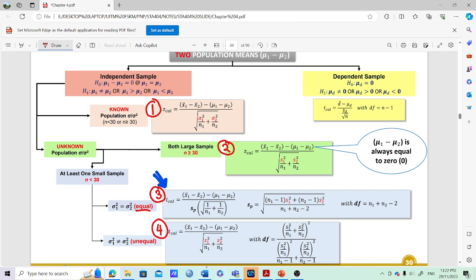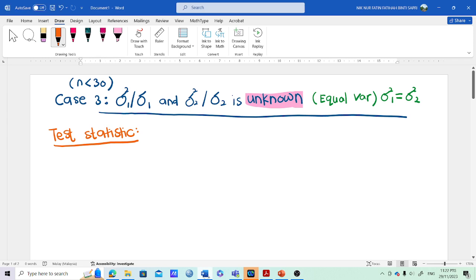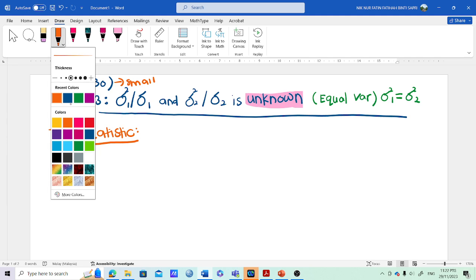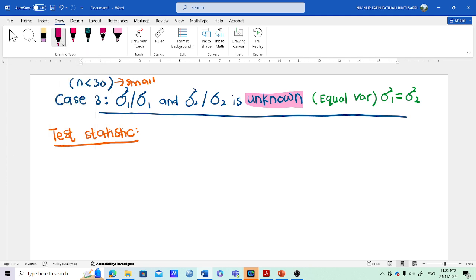So, since the population standard deviation and population variances are unknown, and the sample size is small, therefore the test statistic used is the t statistic, or we also call it the t test.